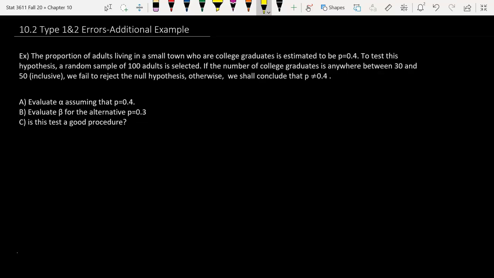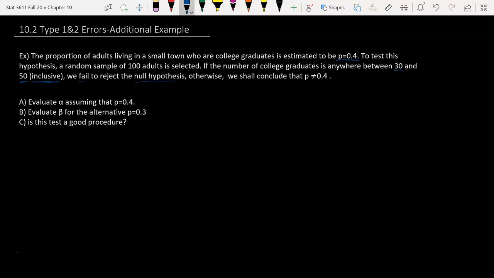The proportion of adults living in a small town who are college graduates is estimated to be 0.4. To test this hypothesis, a random sample of 100 adults is selected. If the number of college graduates is anywhere between 30 and 50 inclusive, we fail to reject the null hypothesis.